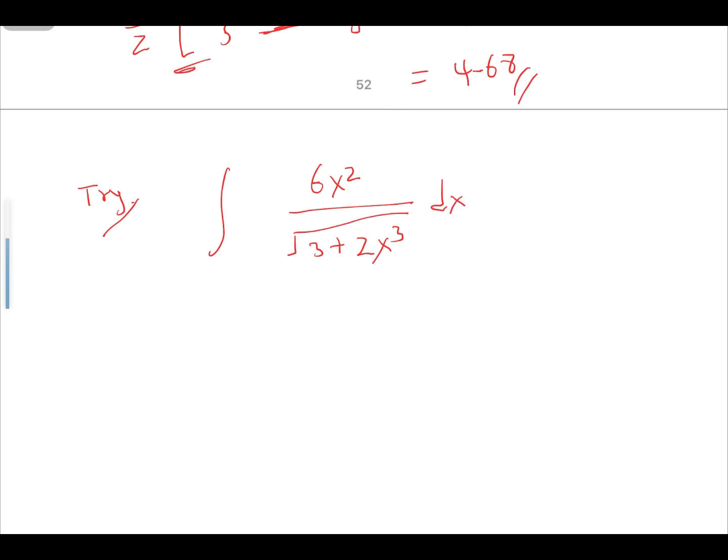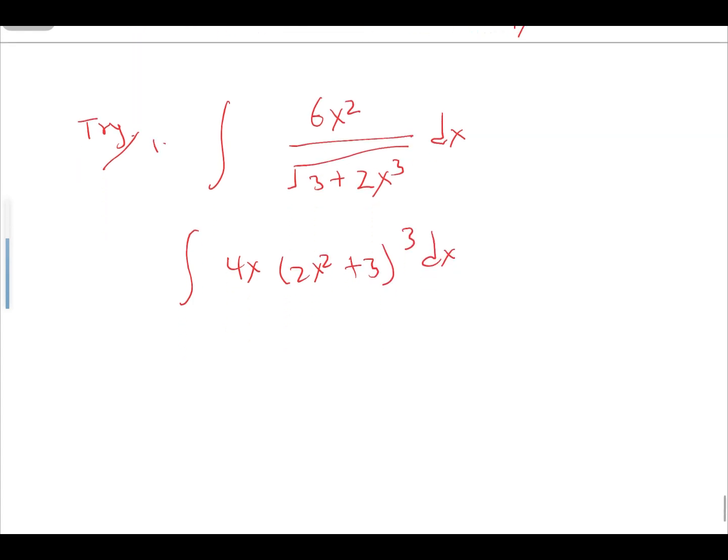This is one example. And then another example that I want you to also try, it's the integral of 4x, 2x squared plus 3 power 3 dx. And the last one, this is 1, this is 2.